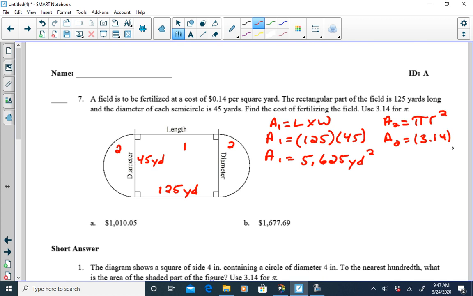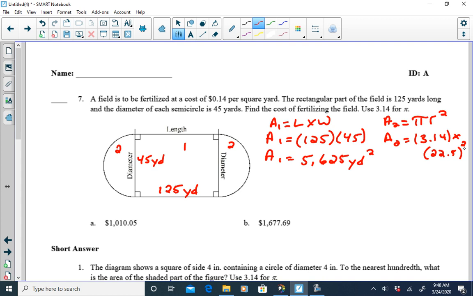So this is going to be times 22.5, and we're going to have to square that. So pi times r squared. First we want to multiply 22.5 by 22.5, we want to square that. It's going to give us 506.25 times 3.14.